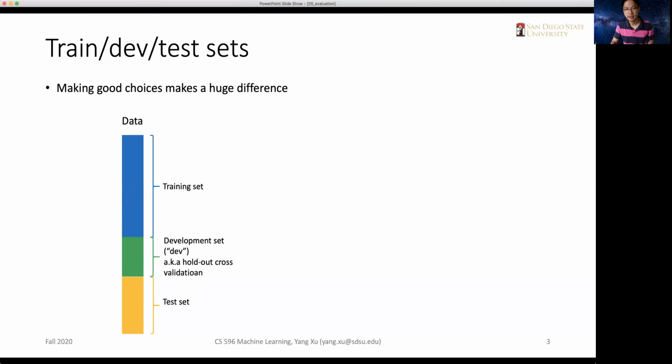And the test set is not that frequently used, but it is often used to help you come up with a final report, or to gain some conclusion on how well the model you just trained performs.